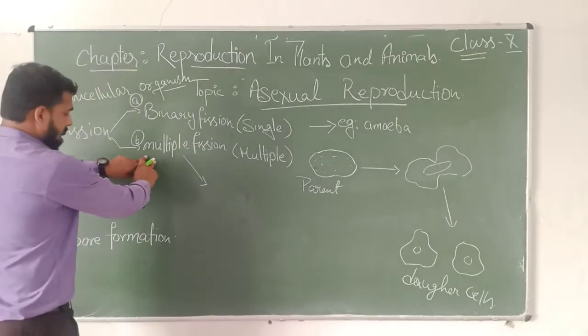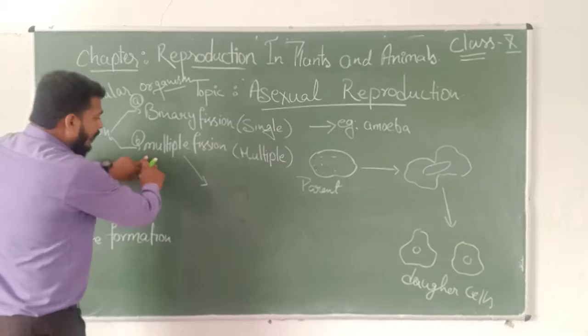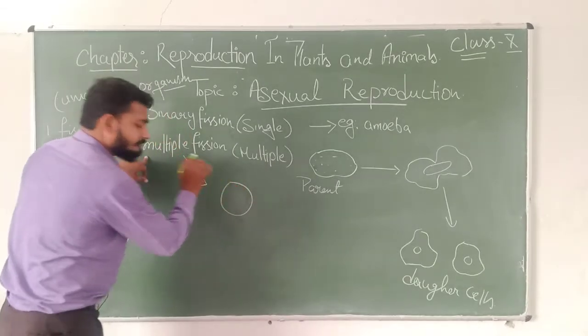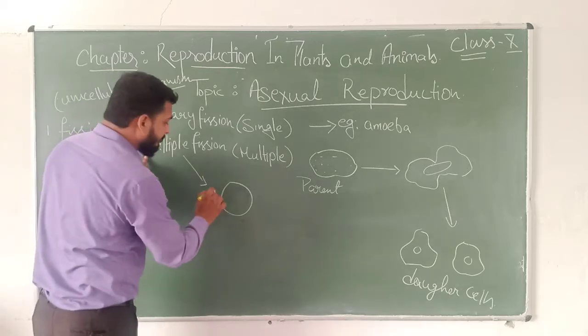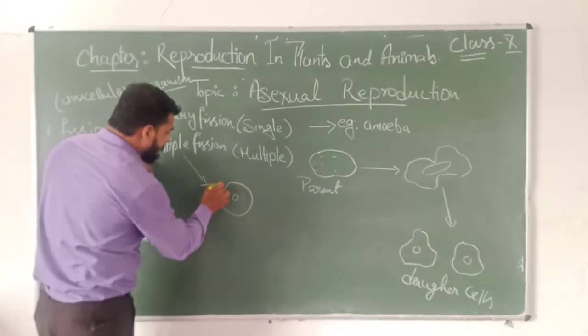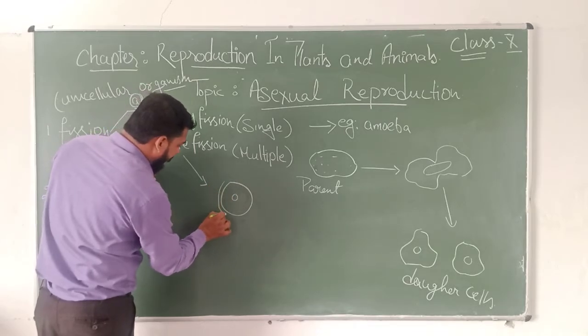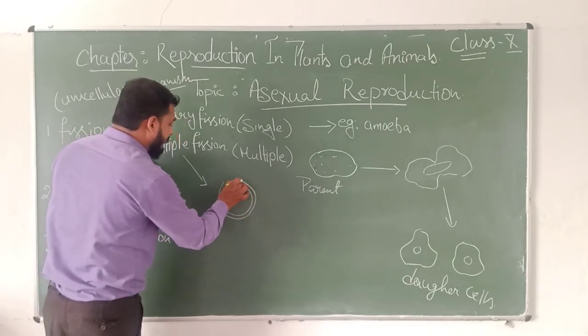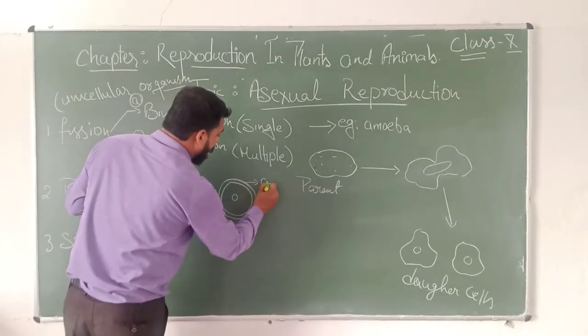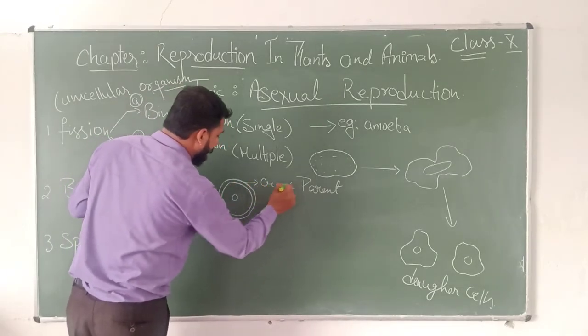So let us concentrate on multiple fission. In this case, there is an organism, a single cell. It has a nucleus. In the first process, an additional protective covering will be formed over the cell called a cyst.